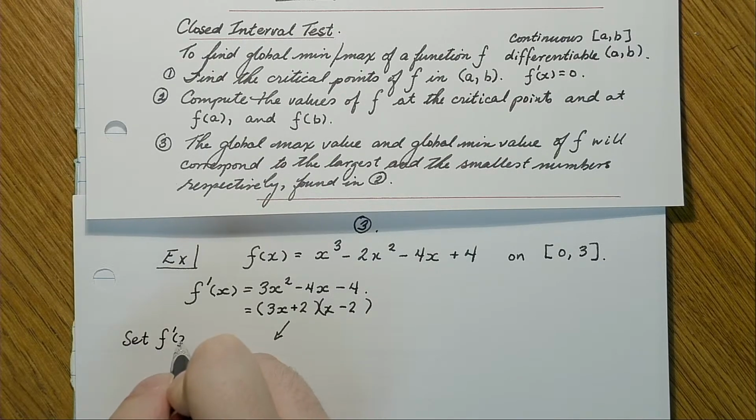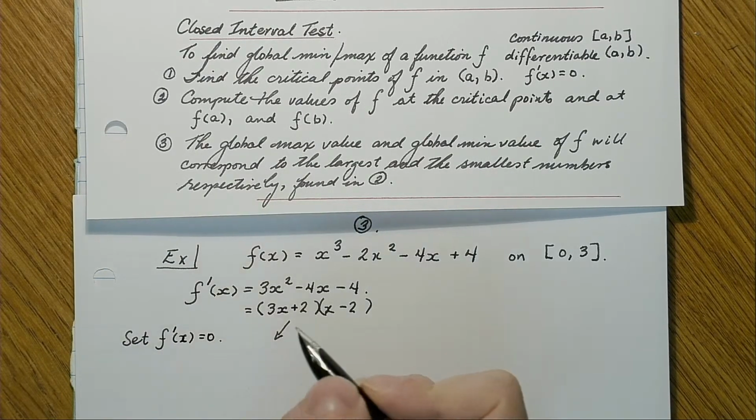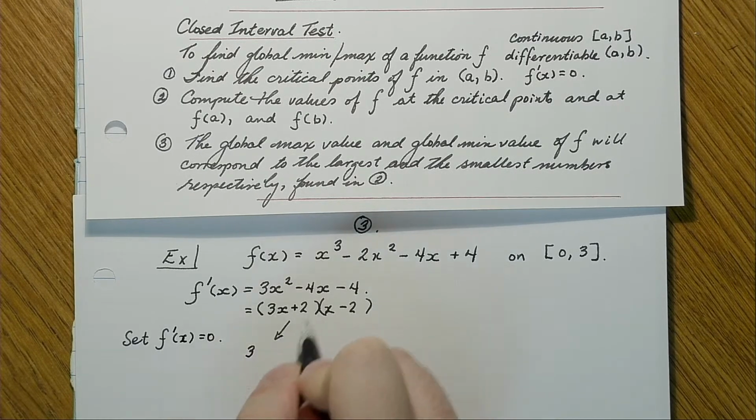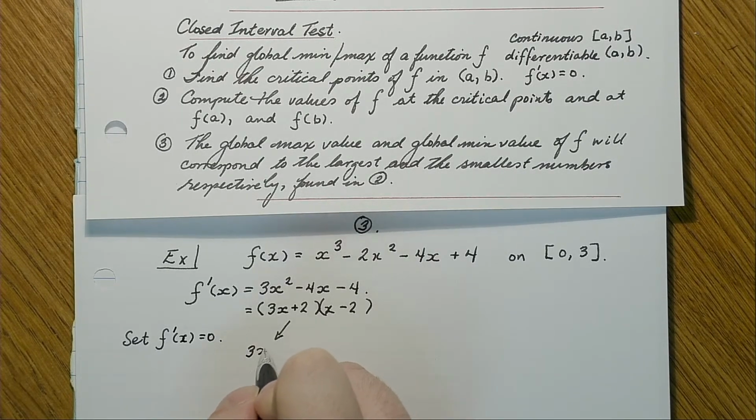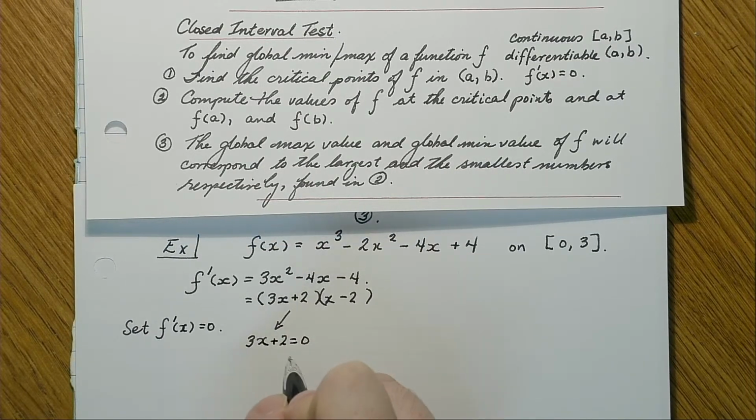Setting that equal to 0 means that one of these terms has to be 0. So I have 3x plus 2 equals 0 here, and I can bring the 2 over to the right-hand side.